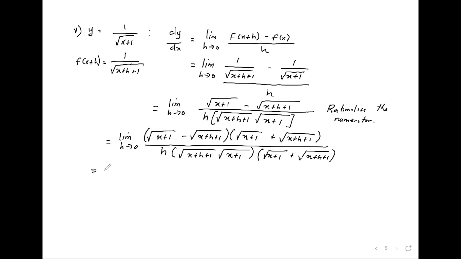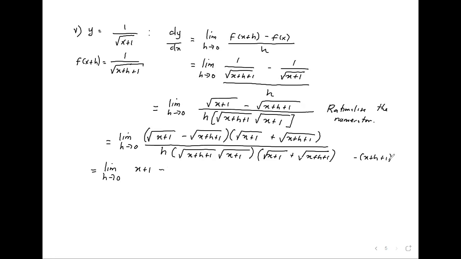So that we get the limit as h goes to 0. Root times root just gives the inside. Then the cross roots in between here, as long as you're rationalizing, will cancel each other. And so we just remain with the inside, so it's supposed to come out to be x plus 1 minus x plus h plus 1.